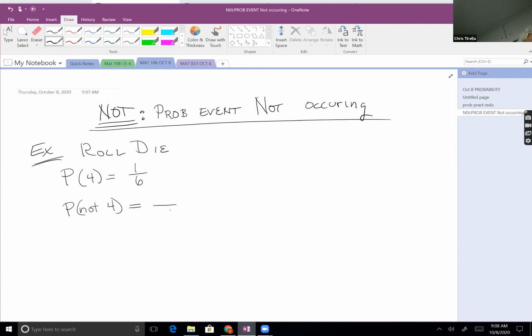There's 6 numbers on a die. How many of those numbers are not 4? 5. So that's 5 out of 6. And if I look at those two answers, 1/6 plus 5/6 is 6/6 or 1.